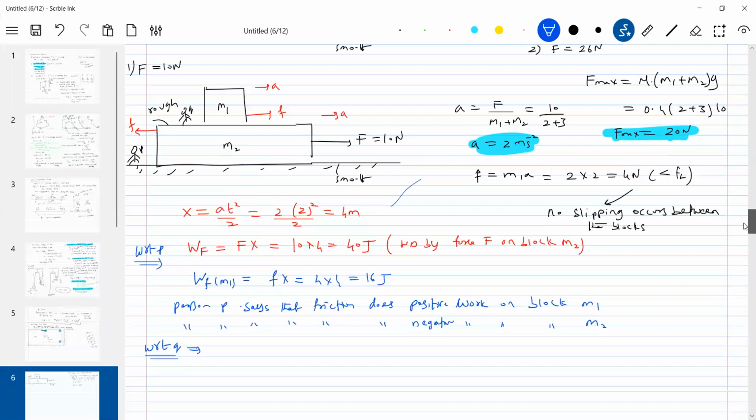What is the work done by the friction according to person Q? What is person P? The inertial frame, no? Person P is the inertial frame. What about person Q? Accelerating frame, non-inertial frame.